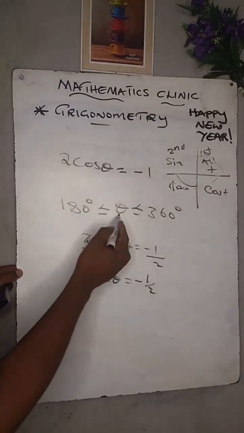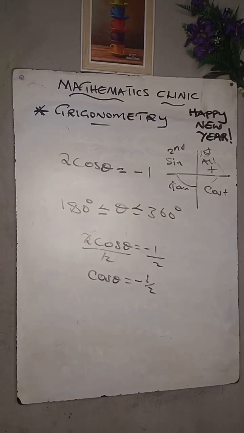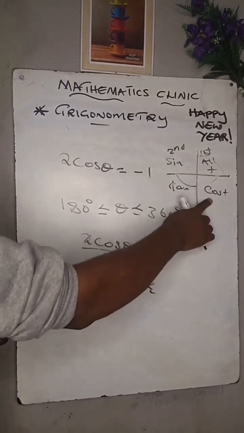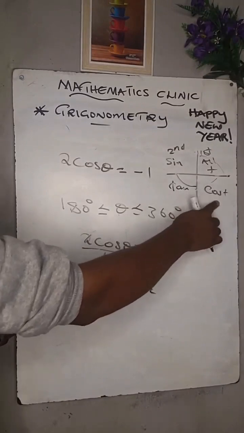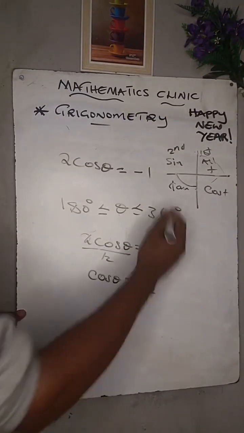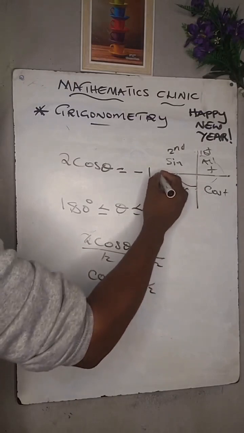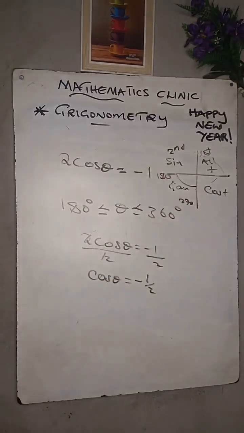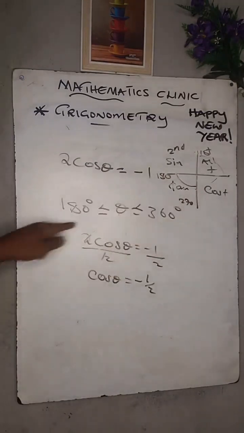They are saying greater than 180 but less than 360. In the fourth quadrant cos is positive, but we are dealing with a negative, so our answer should be between 180 and 270. This is just guiding us.